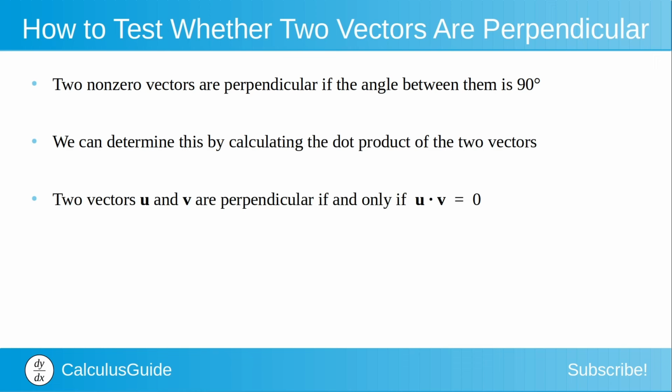Two vectors u and v are perpendicular if and only if u dot v is equal to 0. To explain this, the cosine of 90 degrees is equal to 0, and the arc cosine of 0 is equal to 90 degrees. The arc cosine is another name for the inverse cosine function.